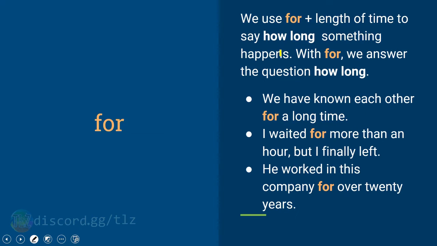But you can ask someone else if you need help. Maybe. For is used with a length of time to say how long something happens, and obviously it answers the question, how long? How long have you two known each other? We have known each other for a long time. How long did you wait? How long did you wait at the bus stop?